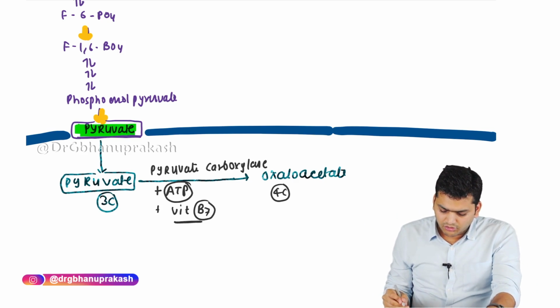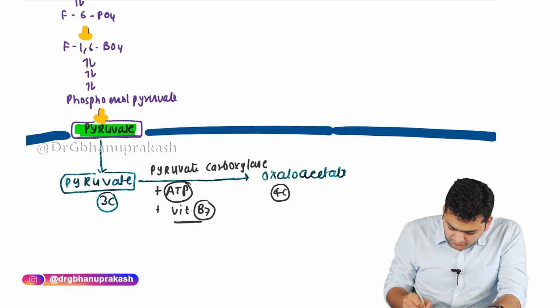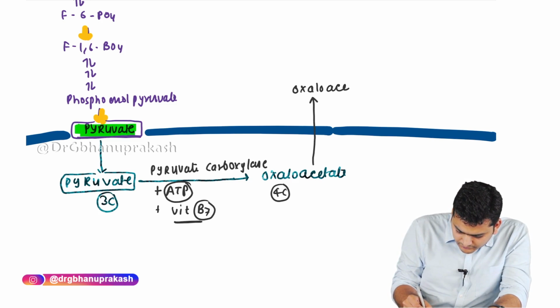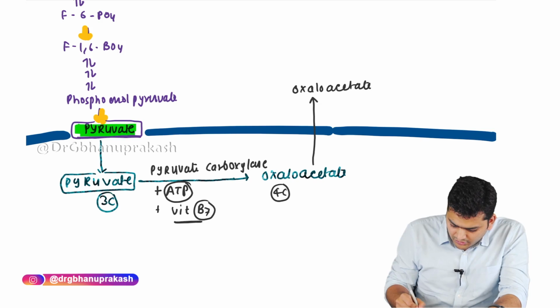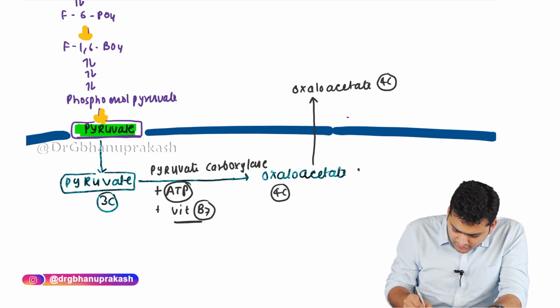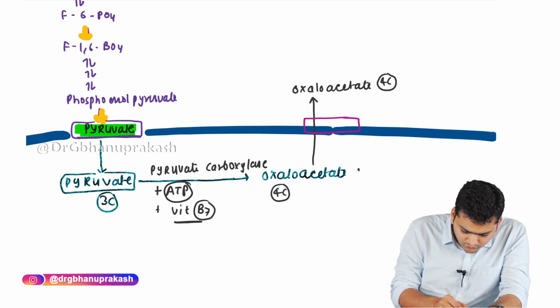So we have got the oxaloacetate. Now this oxaloacetate will come into the cytoplasm via a shuttle. The name of the shuttle which is going to help here is the malate shuttle.